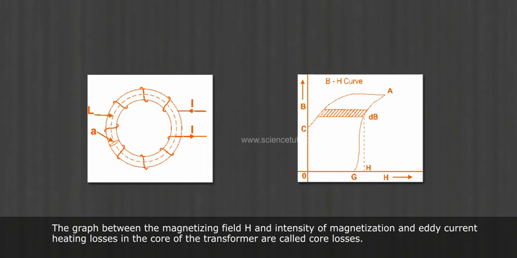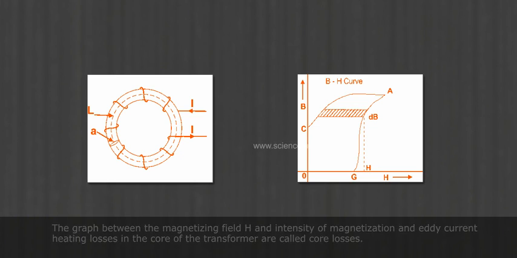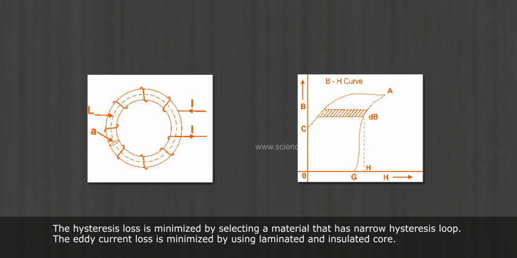The hysteresis loss, given by the graph between the magnetizing field H and intensity of magnetization, and eddy current heating losses in the core of the transformer are called core losses. The hysteresis loss is minimized by selecting a material that has a narrow hysteresis loop. The eddy current loss is minimized by using a laminated and insulated core.